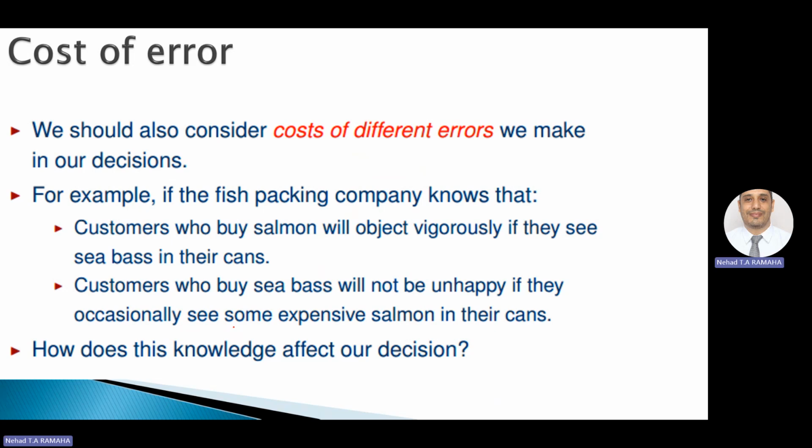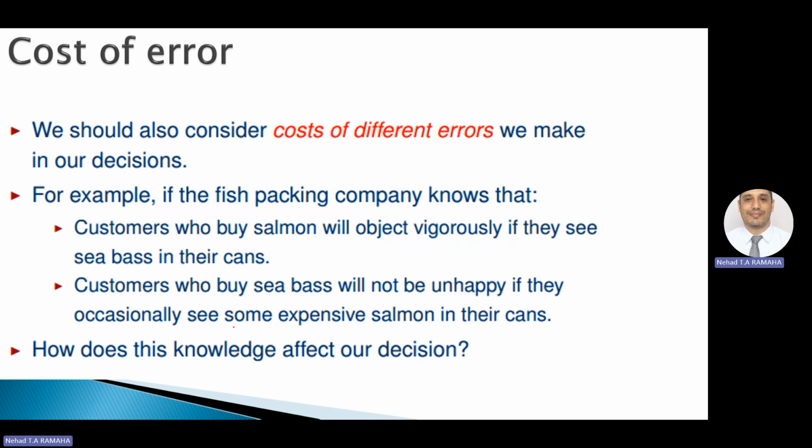For example, if we know that the customer will be very sad and will have an objection if he buys salmon and opens the box and finds in the box that it's sea bass. Of course, because salmon is more expensive.